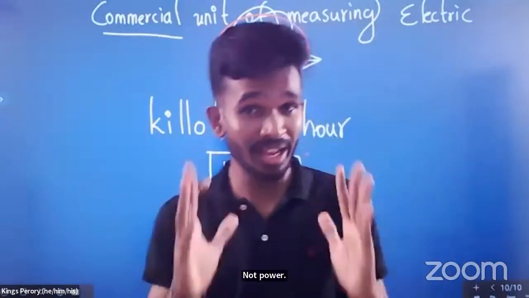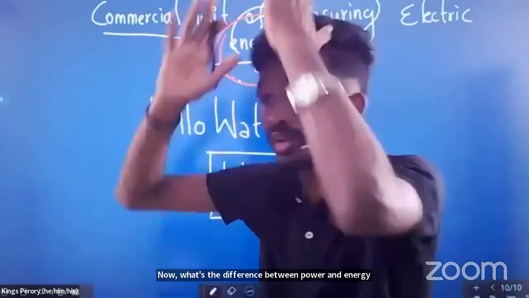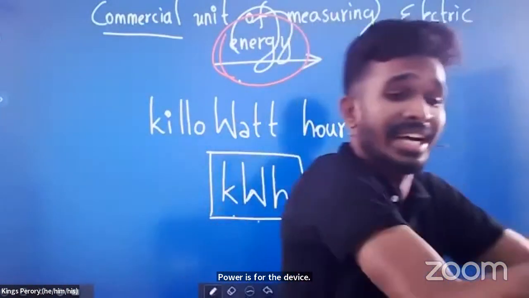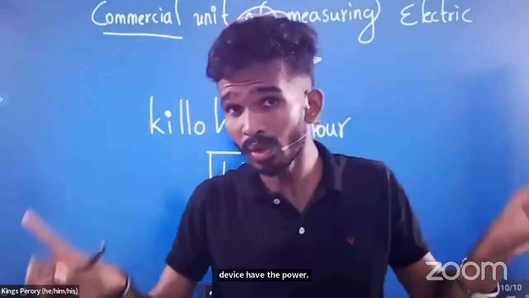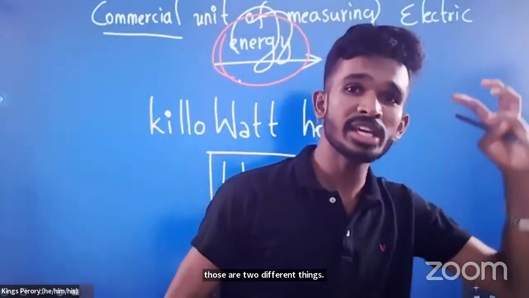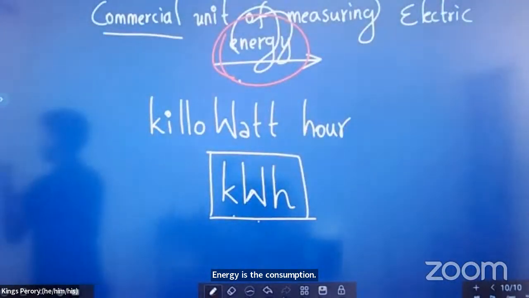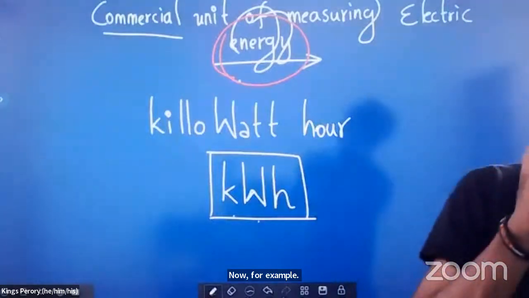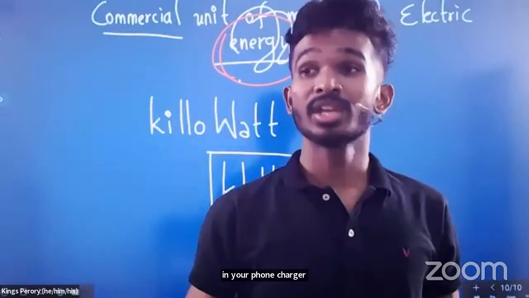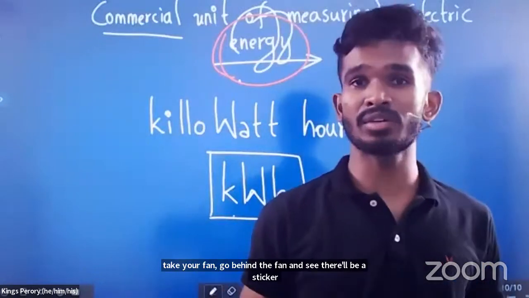Now, what's the difference between power and energy? Remember, power is for the device. The device has the power. Energy is the consumption. Those are two different things. If you take your phone charger, they will have written how much the power is. Go behind your fan and there will be a sticker showing the power of that fan.